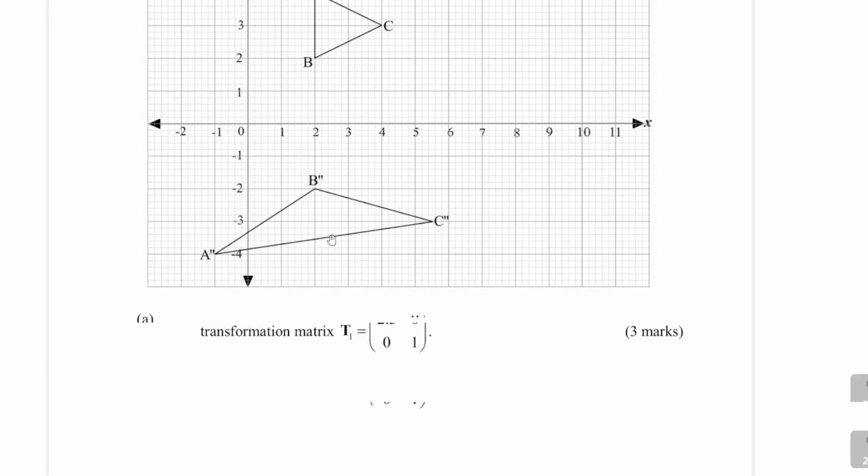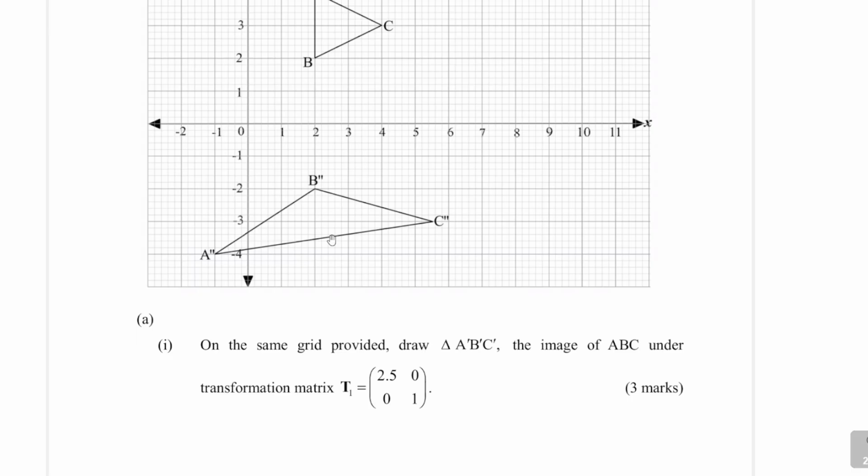Part A, 1: on the same grid provided, draw triangle A prime B prime C prime, the image of ABC under transformation matrix T1. So this is what you're going to do.